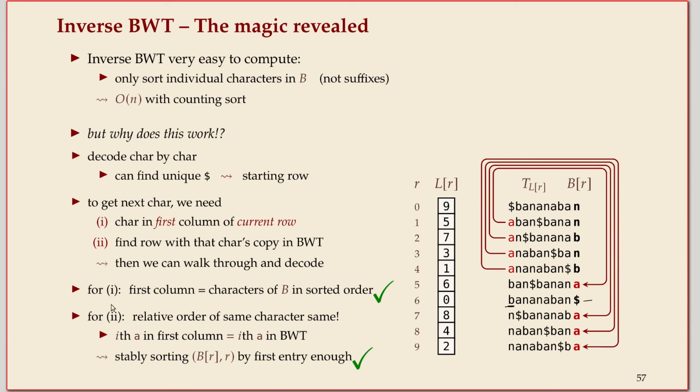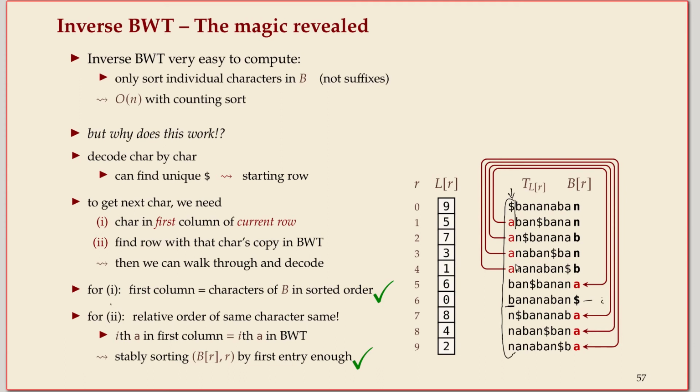Let's look at these two parts in isolation. The first step is you're sitting in a certain row I, and you'd like to know the character in the first column. We know that the first column is always sorted, because by definition this matrix was sorted.